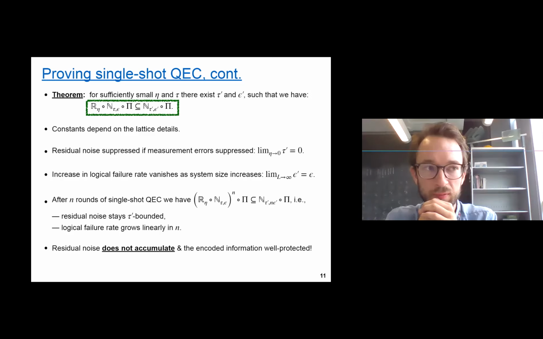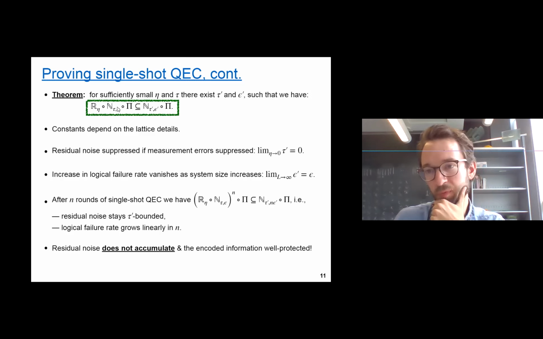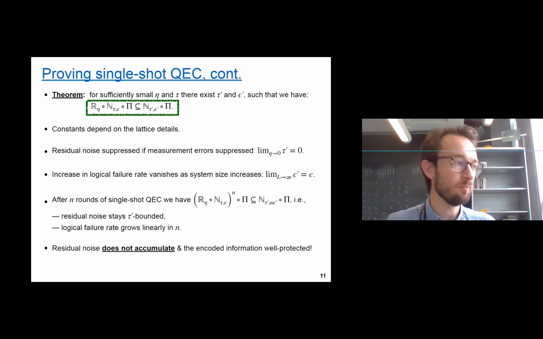Yeah, it's going to converge to this fixed epsilon, which is given by this original noise channel here, describing your physical noise channel. I can't remember exactly what the expression is, but let me have a look in the paper.